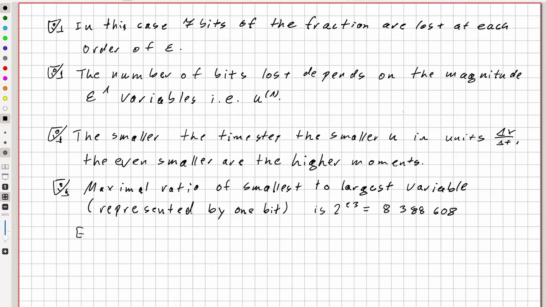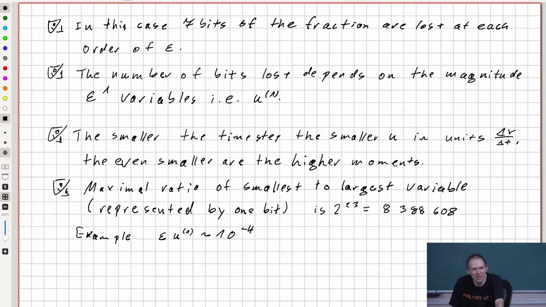So for example, epsilon U1, suppose this is 10 to the power of minus 4. Yeah. So it can also be on top of something else. I mean, you have a small vortex inside a large vortex. Yeah, and the relative velocity of the small vortex compared to the large vortex is 10 to the power of minus 4.